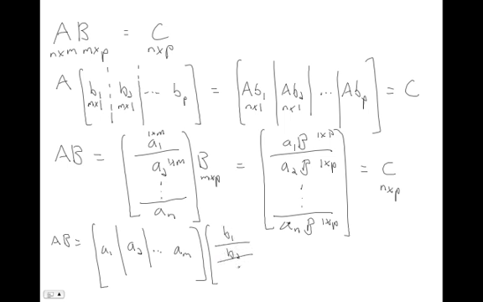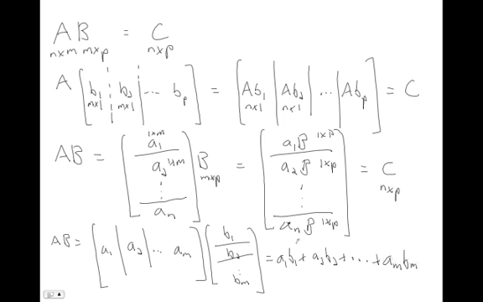It has M rows, all the way down to BM. And then I can think of this as all of these individual components added together. So A1 B1, plus A2 B2, plus all the way to AM BM.